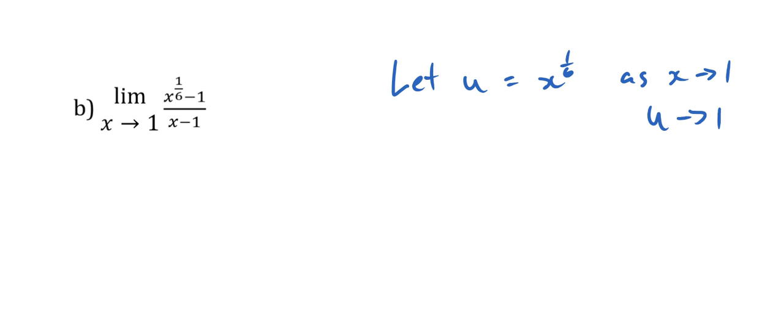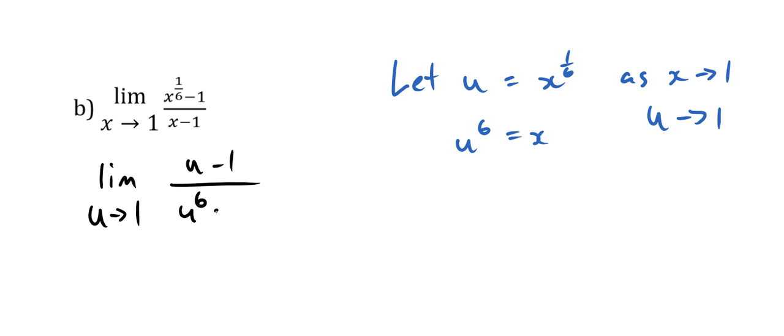And then rearrange this: take the 6th power on both sides, raise both to the 6th power, and I get u to the 6 equals x. So now I have the limit as u approaches 1, u minus 1 over u to the 6 minus 1.